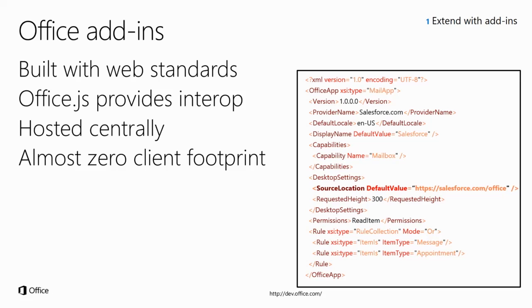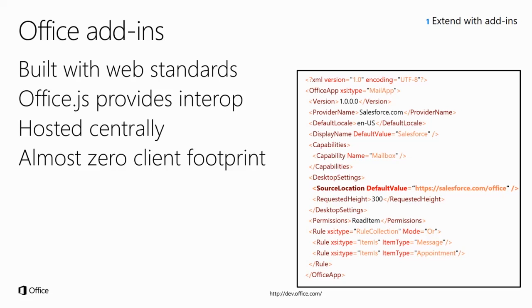So in terms of footprint, as I said, the actual add-in is the web technology, the web application is being hosted centrally, so it's not sitting inside of the client. So what is sitting on the actual client is almost zero. It's basically a manifest, which is just an XML file, which you can see an example of here. And we'll look at a number of them as we do the demos. This manifest is basically a description of where to find your add-in.